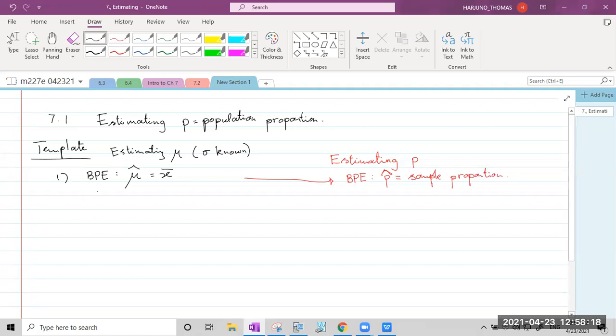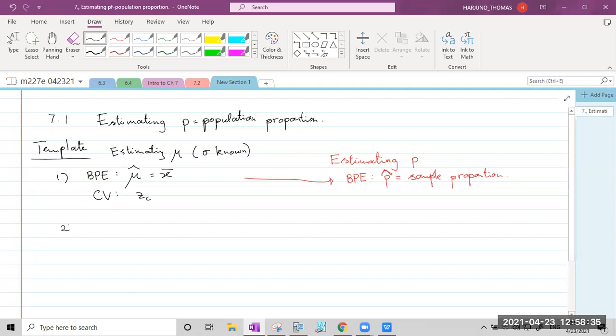Okay, now the critical value, when we are estimating mu with sigma known, we use z-score, standard normal distribution. We will still use standard normal distribution when we are estimating population proportion. So nothing changed there.